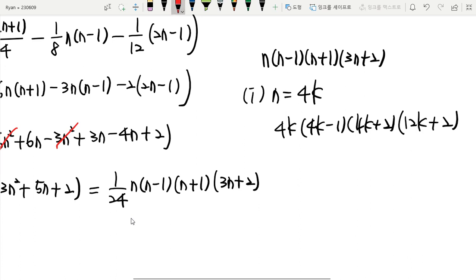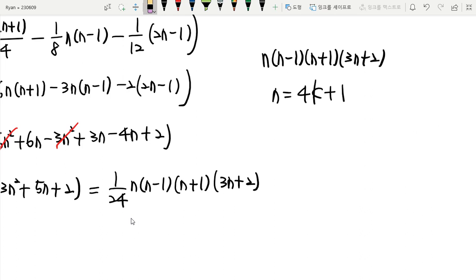So it contains a multiple of 4, and this one is even. So 4 times 2 is 8. So in this case, this product is a multiple of 8. That's the first case. Or let's say n is 4k plus 1. And now the second term is 4k.